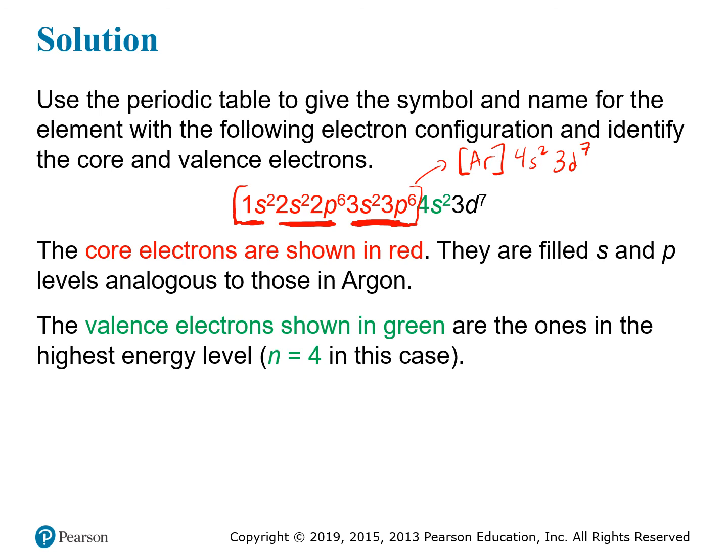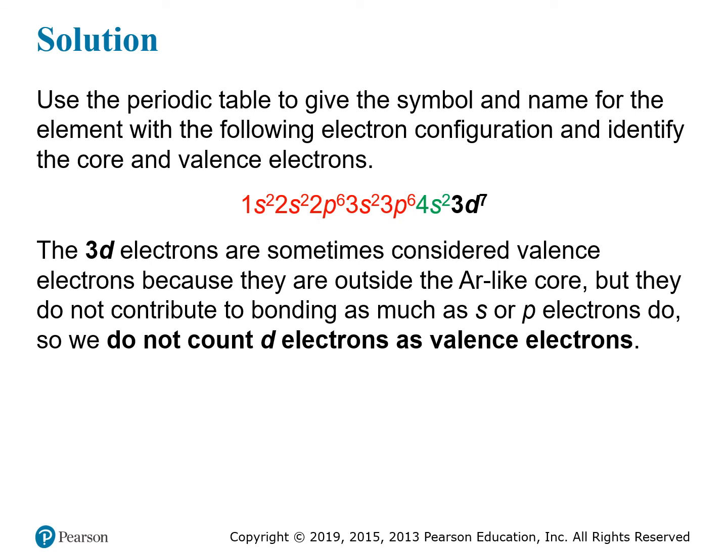And obviously you would then be asking, well, what's the deal with these d electrons? The 3d electrons are a little trickier to think about. They're not usually considered part of the valence electrons. And in this course, we're not going to count them as valence electrons. They are also not really counted in the core because they don't form a closed shell.